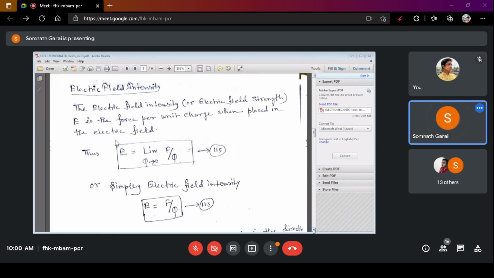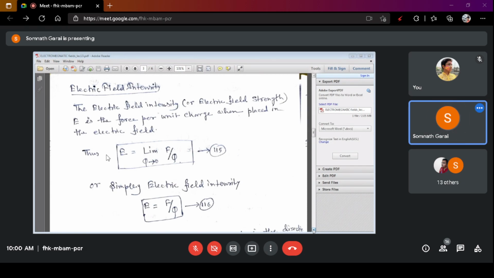Now, next we move to our next topic with respect to Coulomb force, that is called electric field intensity.